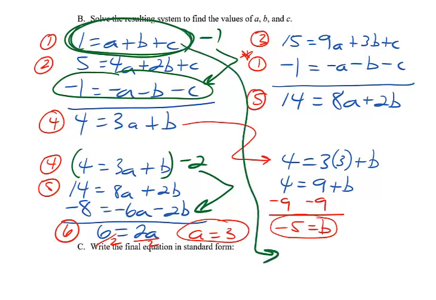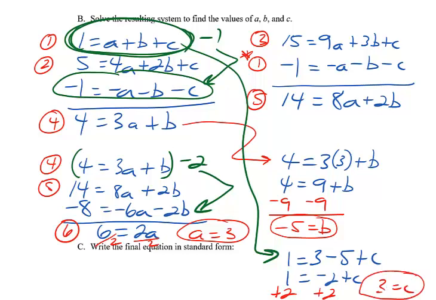So I will copy that equation down, filling in 3 for the a and -5 for the b. I don't know c, and very quickly, of course, I can solve for c. When I add 2 to both sides, I'm going to end up with c equals 3.